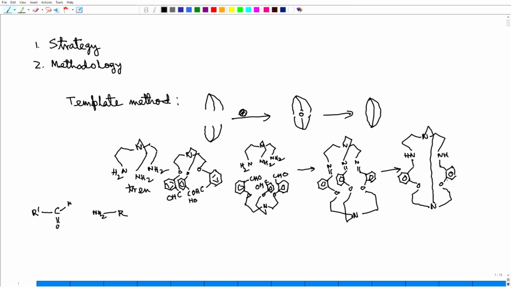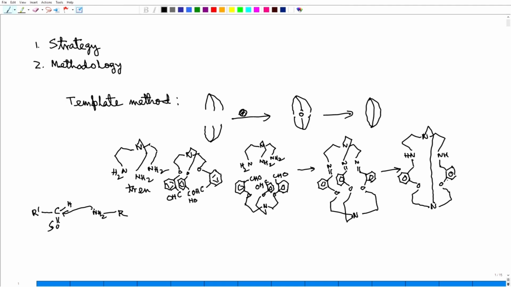Typical reaction, the lone pair will attack the carbon to form the imine. From the imine I will get amine, and then I will get a stable cryptand. So, that means it depends upon the availability of the lone pair on nitrogen for the reaction to go forward.